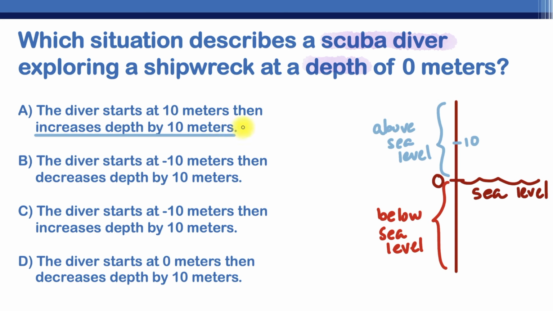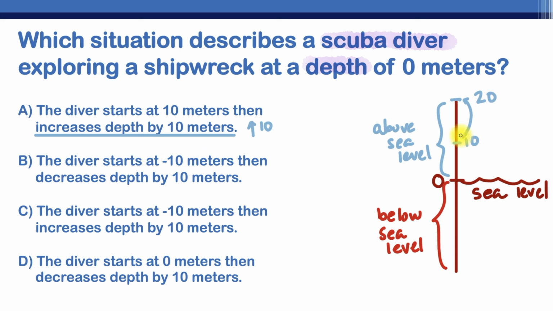And what that means is the diver is going to go up by 10 meters. So the diver is going to go from 10 up 10. So from here, the diver is going up 10 more and would end up about here, which is at positive 20.